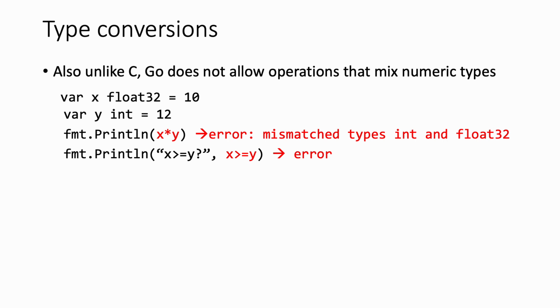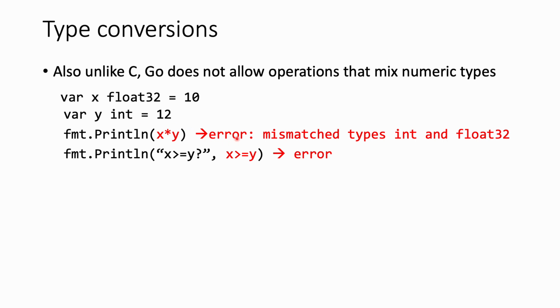Also, unlike in the programming language C, in Go, arithmetic operations and comparison between values of mismatched types are not allowed. For example, the multiplication between x and y, where x is of type float32 and y is of type int, will result in an error.